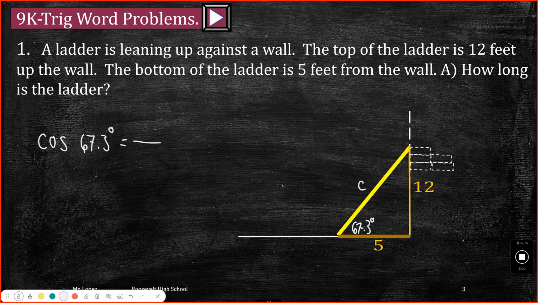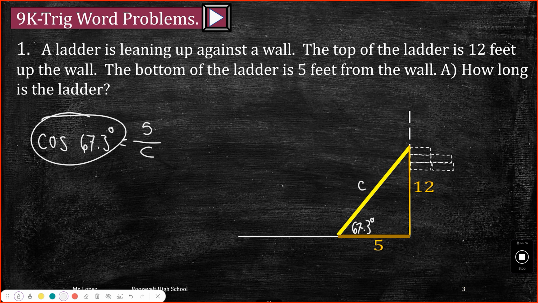Cosine. Come on, cosine. 5 over C. Adjacent over hypotenuse, 5 over C. And we're just going to use this that is stored in the calculator, whatever that is. What is cosine 67.3? .3859, whatever, yes?